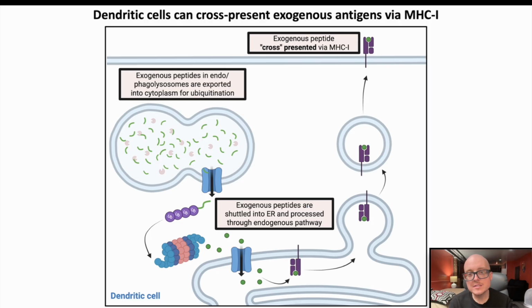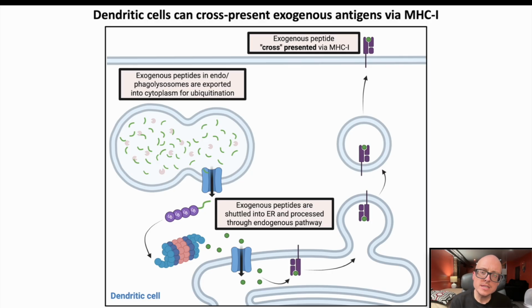The other purpose of cross-presentation and why we think that it happens uniquely in dendritic cells is because dendritic cells are very motile cells. They move around the body, and they especially are good at moving between tertiary tissues, meaning peripheral tissues like the skin, and going into the secondary lymphoid organs like lymph nodes and the spleen in order to present antigens to naive lymphocytes, naive T cells.